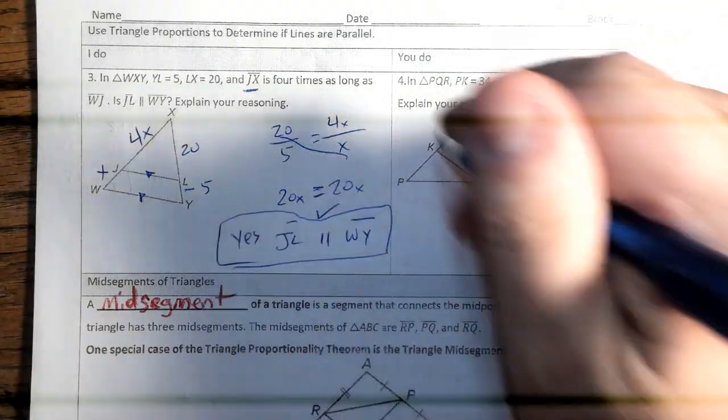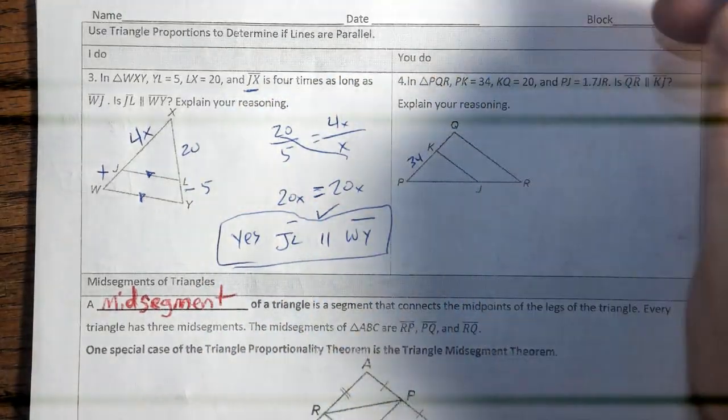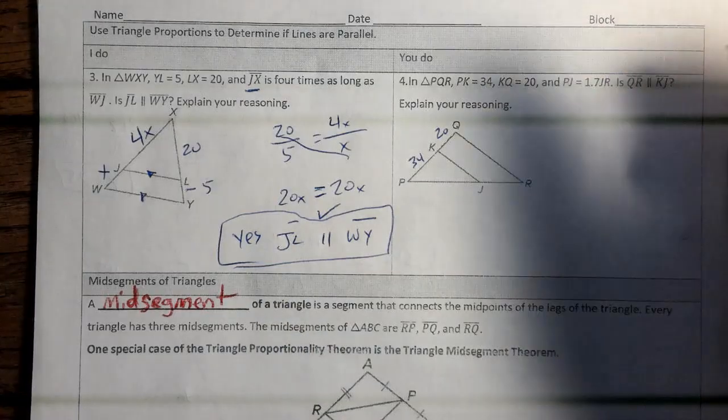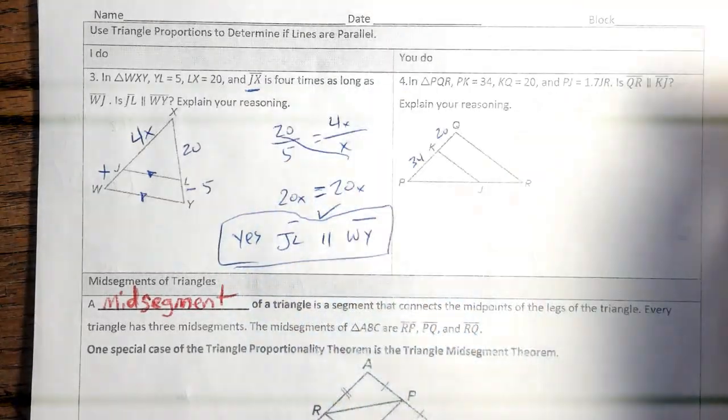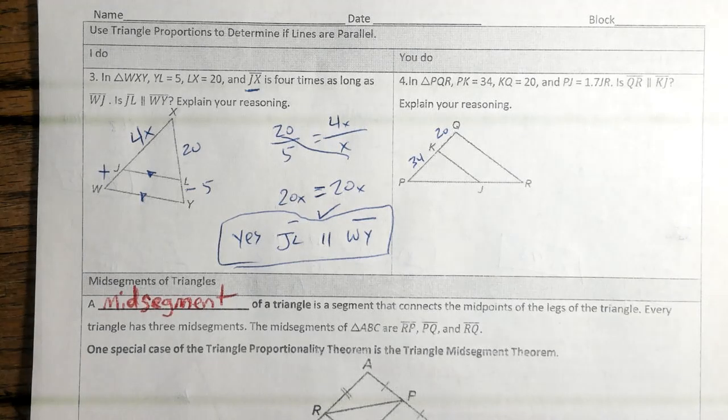All right, number 4. PQR. PK is 34. KQ is 20. PJ right here is... wait a minute. Oh, okay.